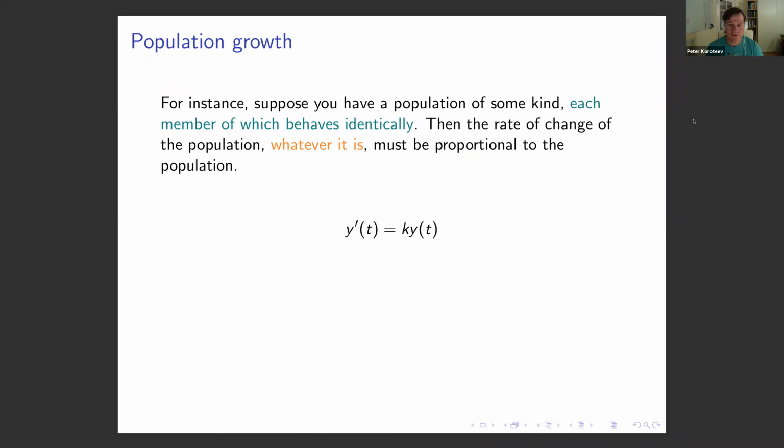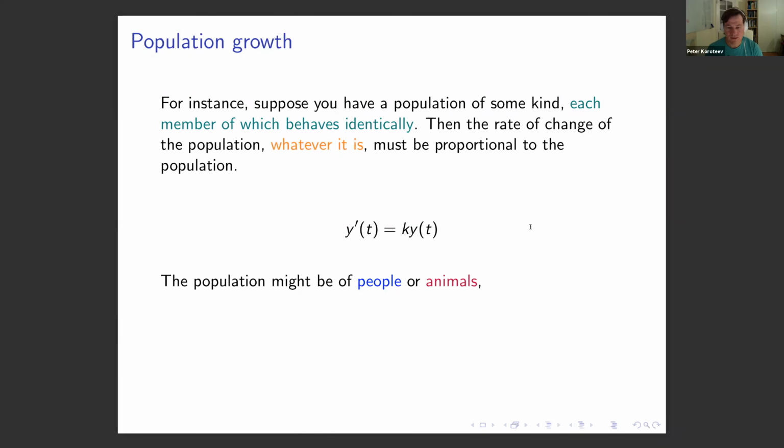So the derivative of this function y, let's say y of t, gives us the population in some units, say number of animals of each species. The derivative with respect to time is equal to some coefficient k multiplied by y of t. So the rate of change is proportional to the function itself.